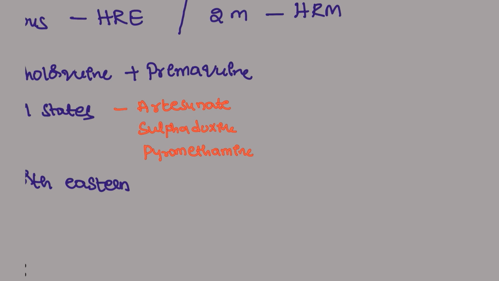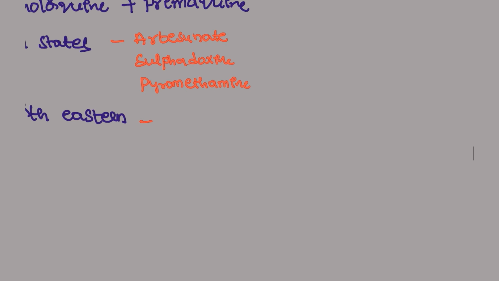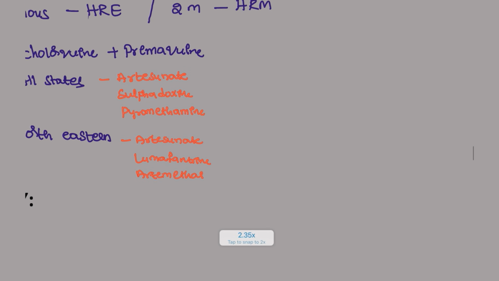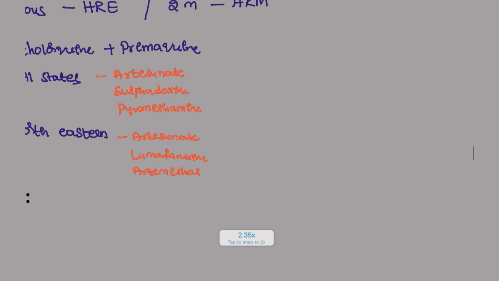In the northeastern states, I use artesunate-lumefantrine and artemether. These drugs I will be using in the northeastern states, and the others are the drugs I am going to use in all-state patients.